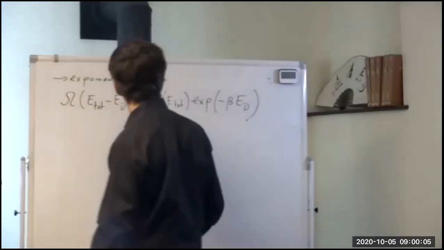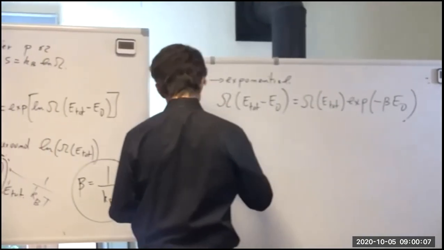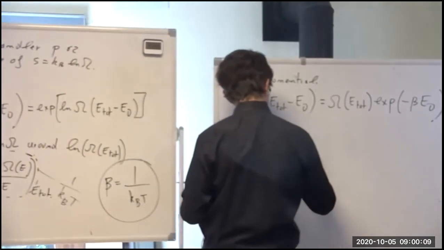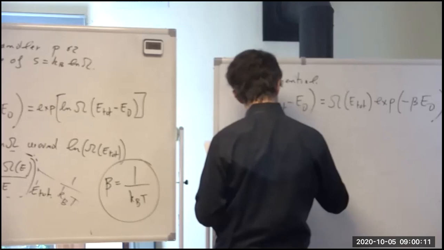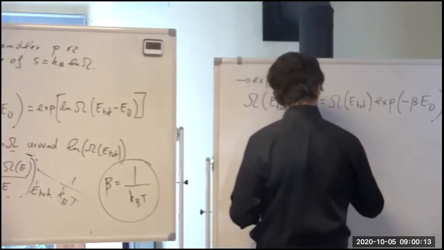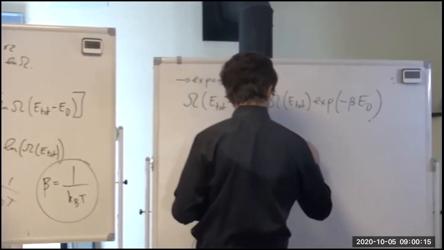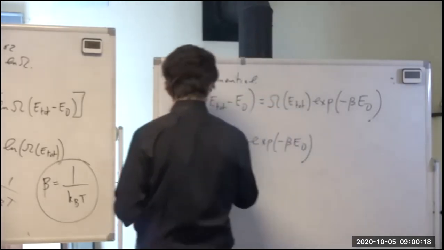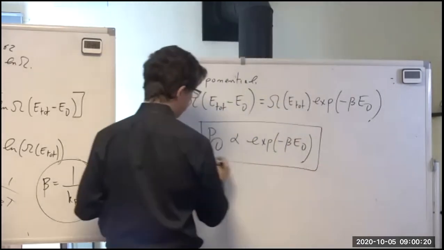So since this is some constant, what it means is that the probability of a microstate is proportional to the exponential of minus beta E nu. And so what drops out is the Boltzmann factor, right?